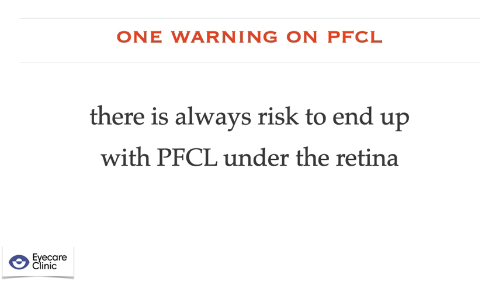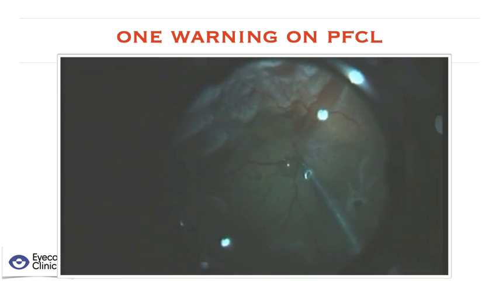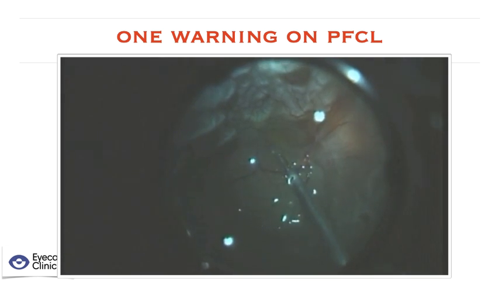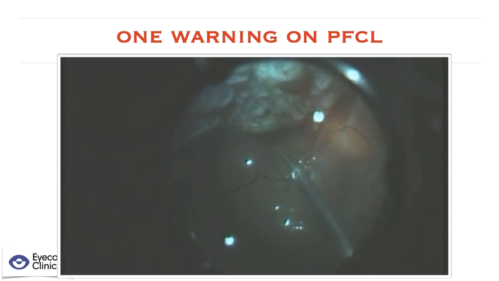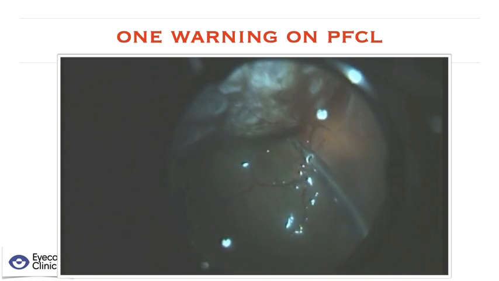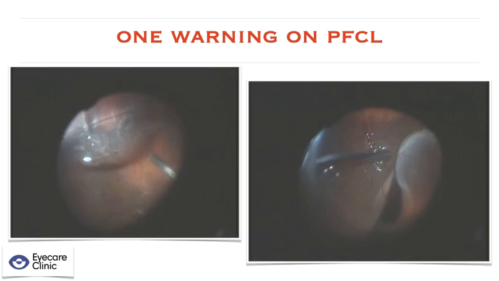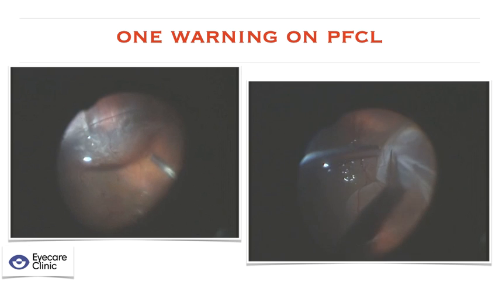One warning on the use of PFCL: there is always risk to end up with PFCL under the retina. As you can see in the video, the inadvertent subretinal injection of PFCL might happen if we are not careful. And it's very important to realize what happened, and if we do, we have to solve the problem immediately.